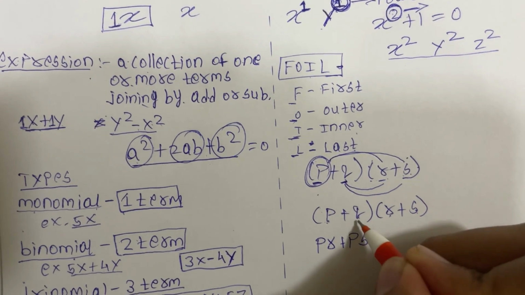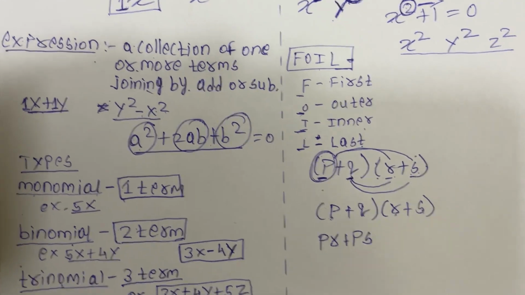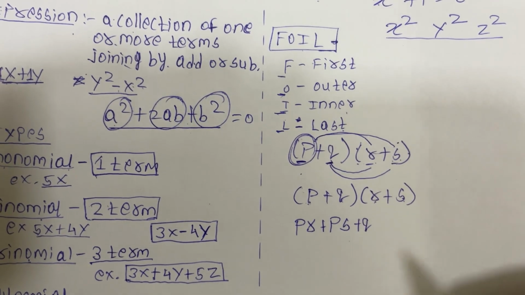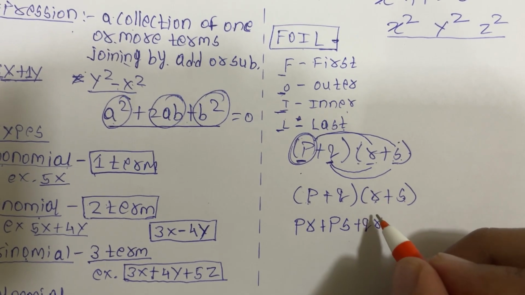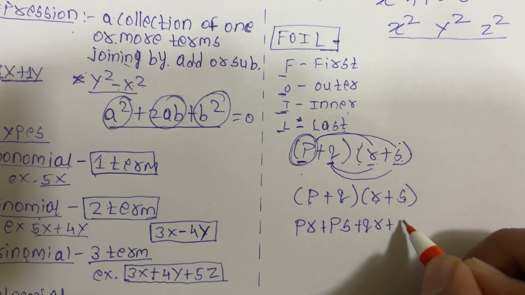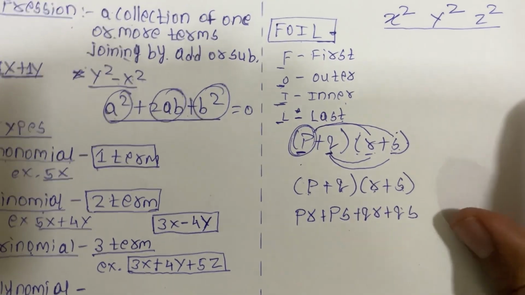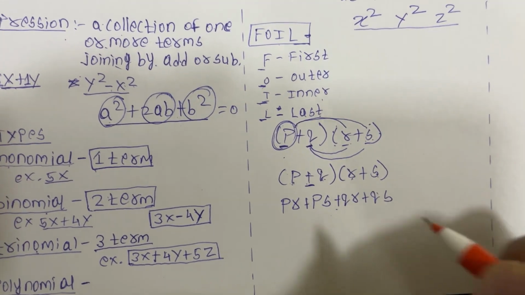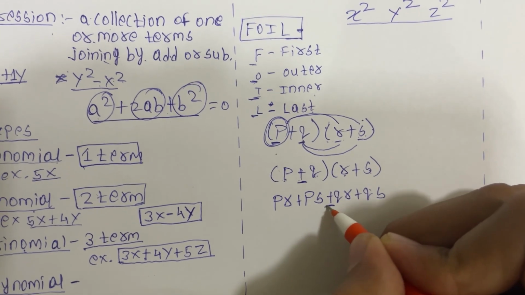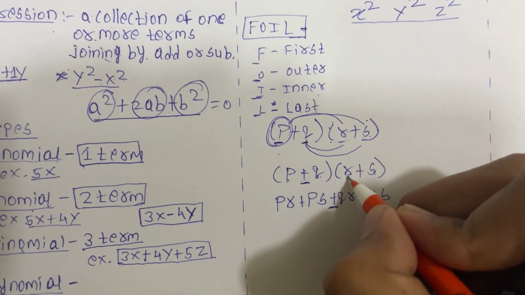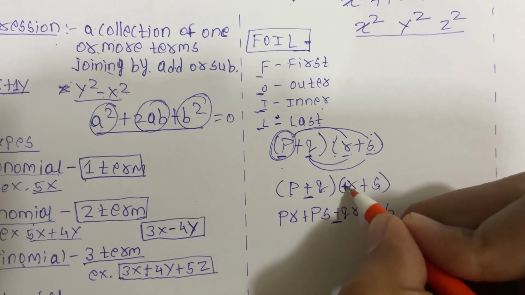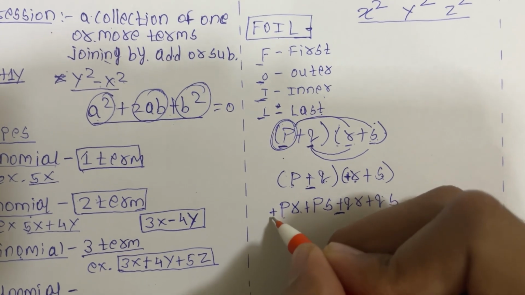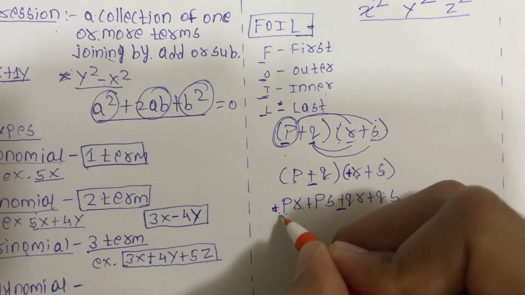Then similarly we do with q, plus q into r plus q into s. Why have we added a plus sign here? Because q has a plus sign. And similarly here also it has a plus sign, that's why this term is positive. We have not shown a positive sign here, but yes, it's a positive term.